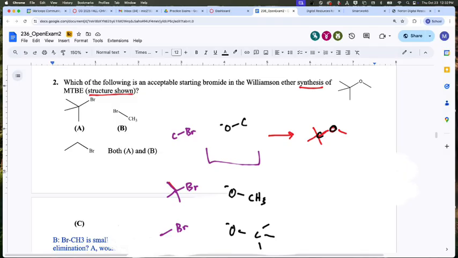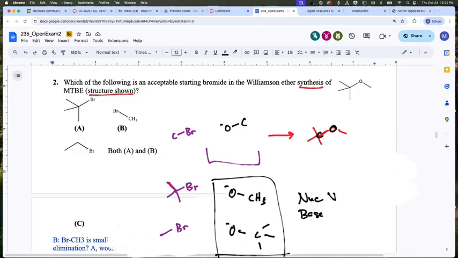Okay. So it's not both. Why can't it be both? I actually didn't draw the answer right away. What can these negatives act as? A base. They could act as a base or a nucleophile.